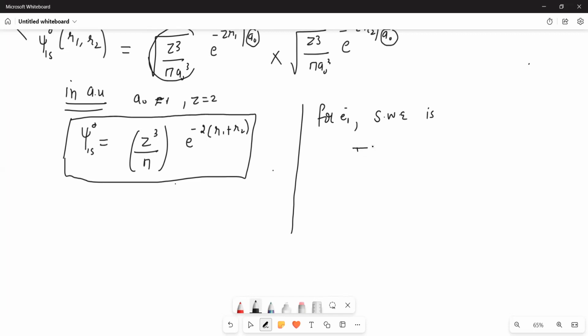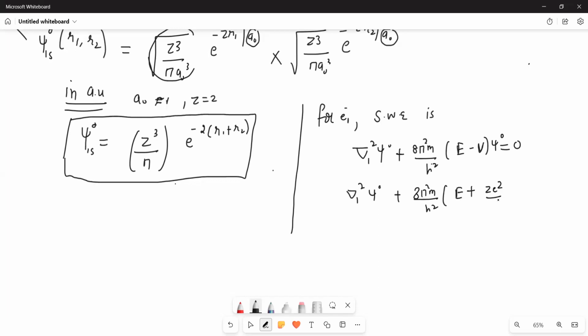You know, it is equal to del 1 square psi plus 8 pi square m over h square, E minus V, equals 0. The potential energy for electron 1 is, here also we put psi naught, plus 8 pi square m upon h square E, and the potential energy is Z square upon R1.